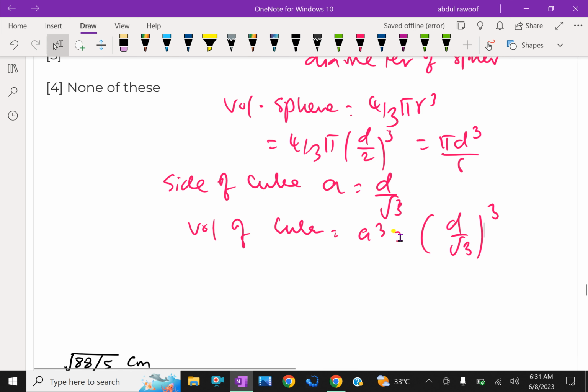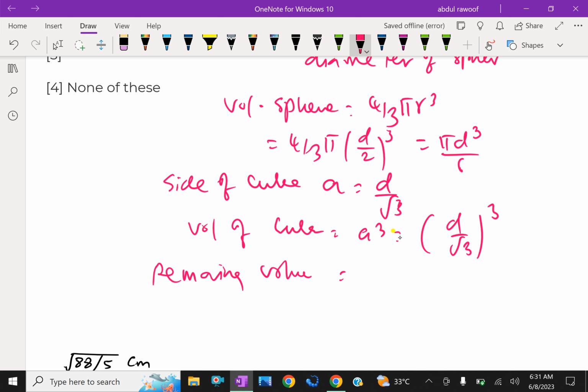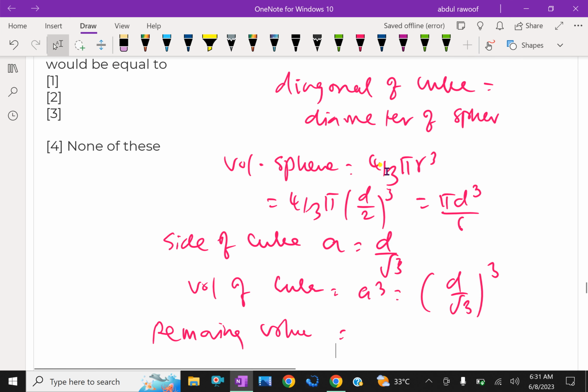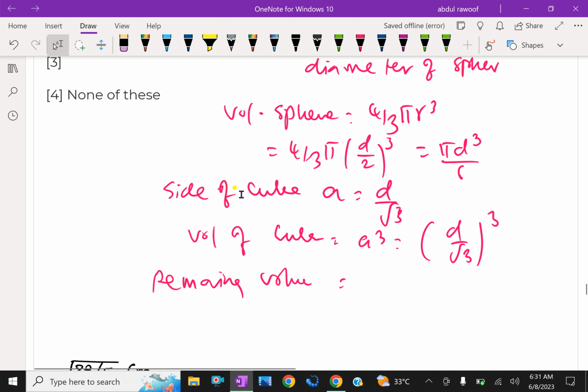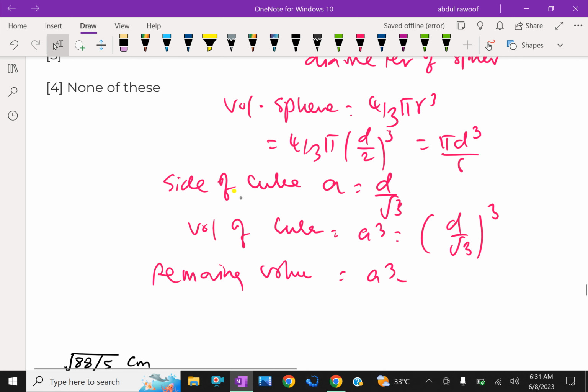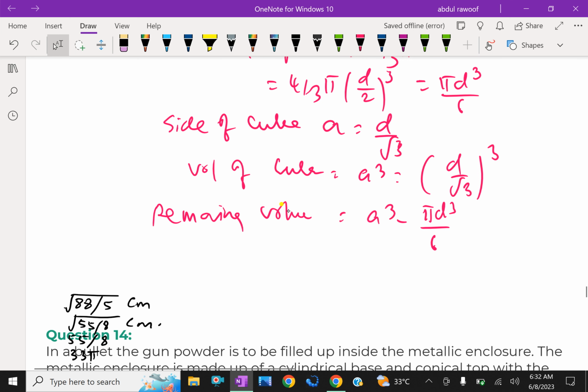Therefore, the remaining volume is the volume of the sphere minus the volume of the cube, pi d cube by 6 minus d by root 3 whole cube.